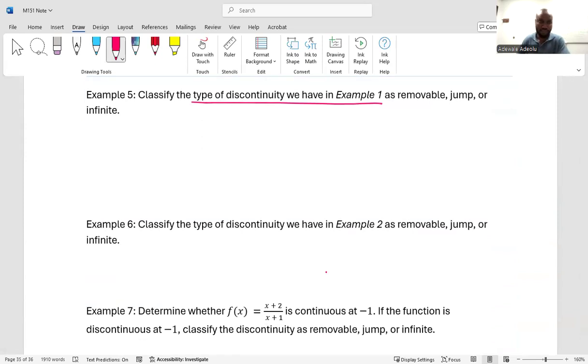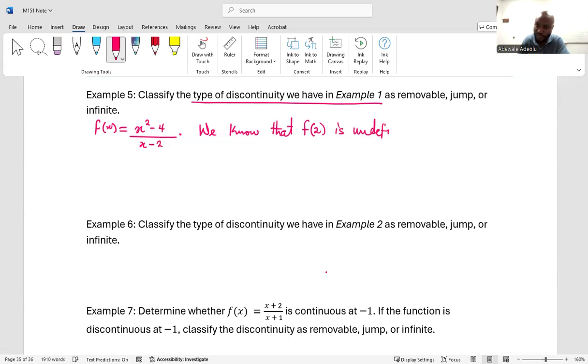That is f of x equals x squared minus 4 divided by x minus 2. The question is, what kind of discontinuity do we have here? We know that f of 2 is undefined.